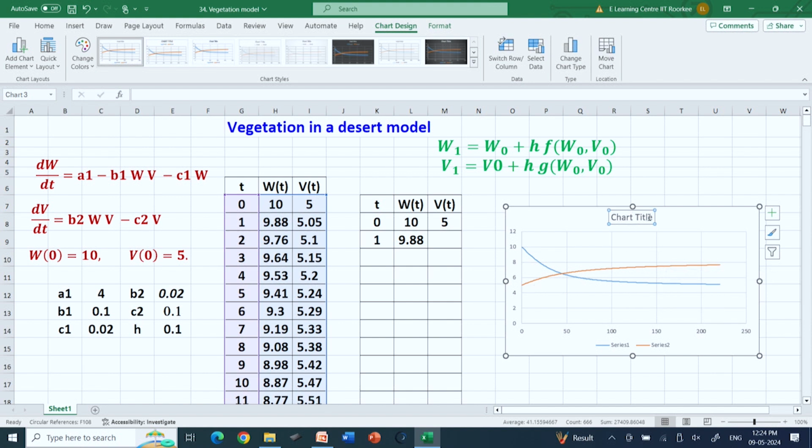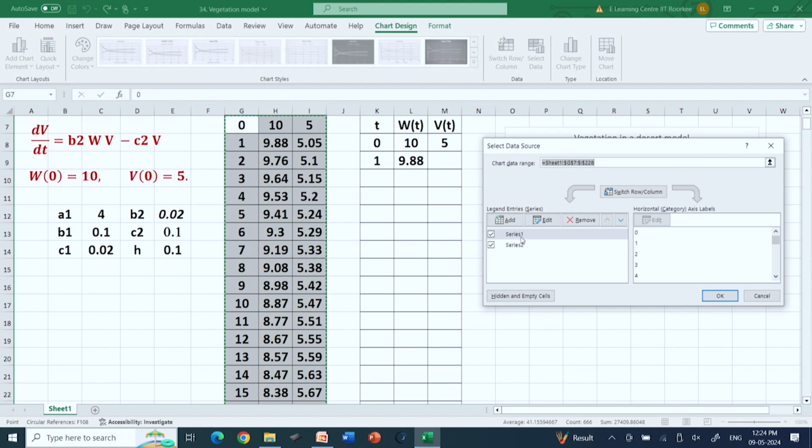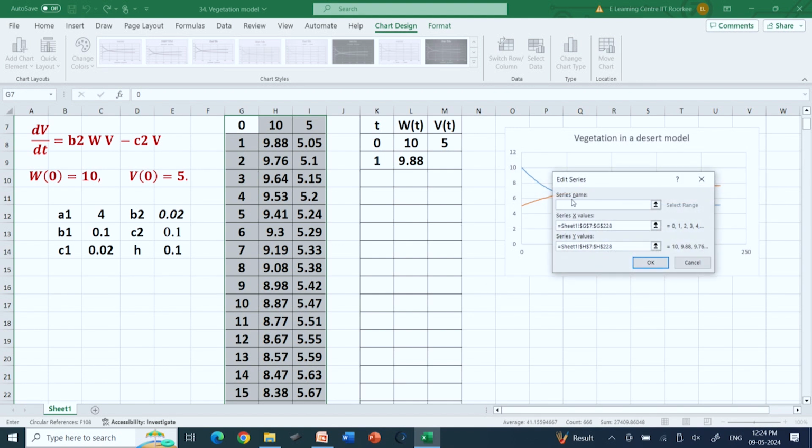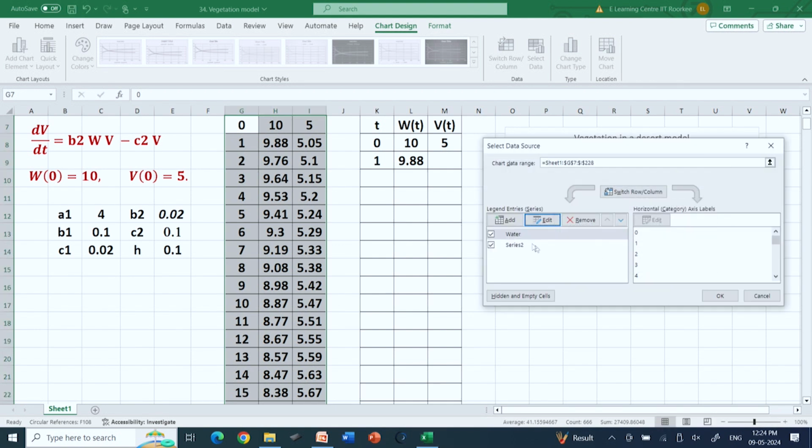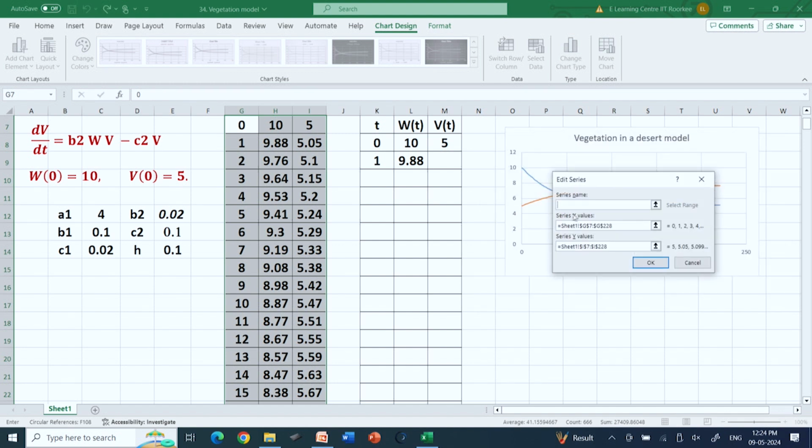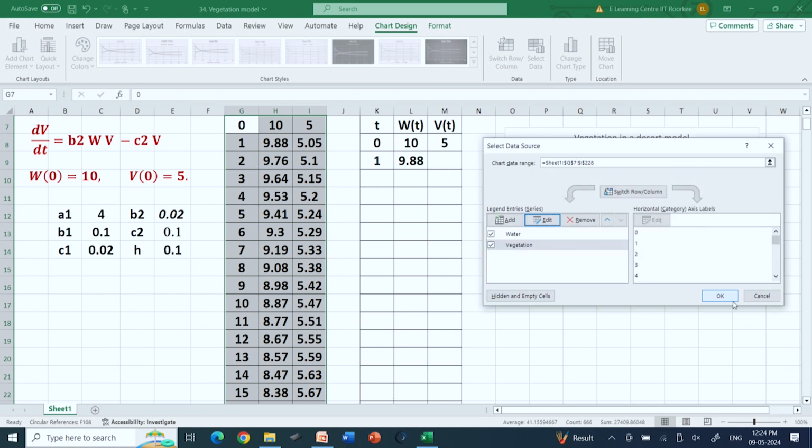You can change the title to vegetation in a desert model. For this one, go to select data, highlight series, edit, and type water. Highlight this, edit, and type vegetation, and OK.